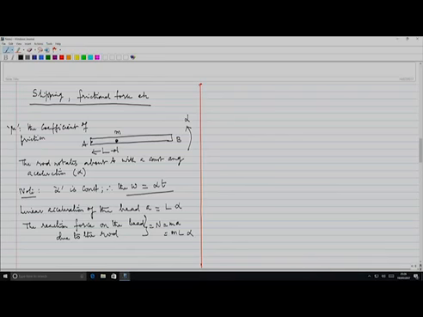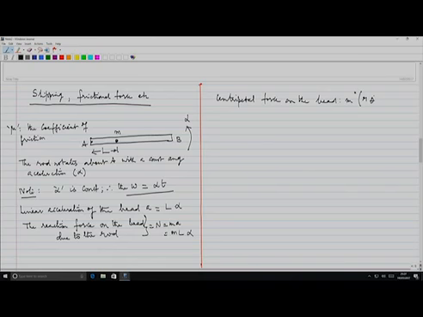Now there is a centripetal force on the bead. What is the expression for centripetal force?